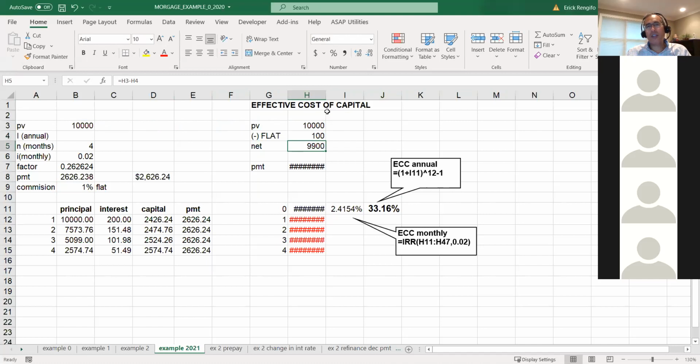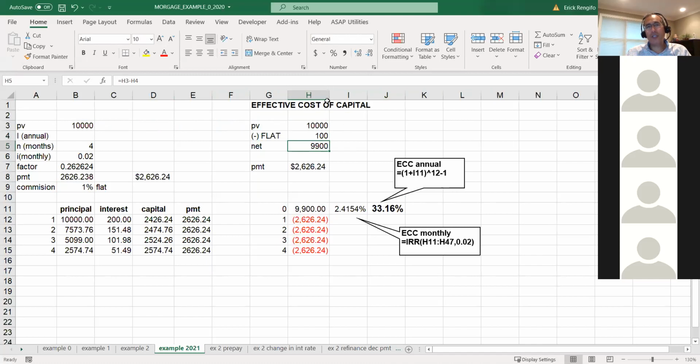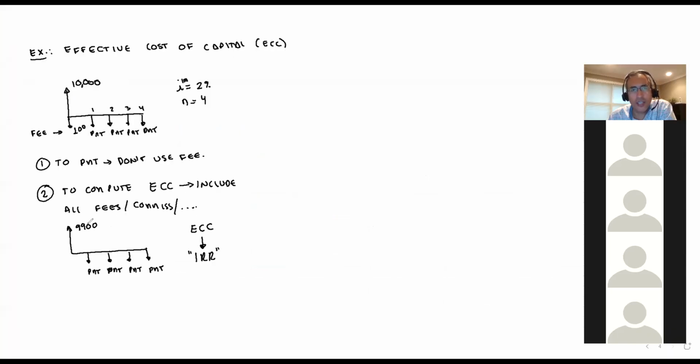So my net is 9,900. And the payments that I have done are 2,626. Do you agree, guys? This cash flow here is a cash flow that I have drawn here. So you see this 9,900 and my payments here. That's what I have. This is my cash flow that I built in Excel.